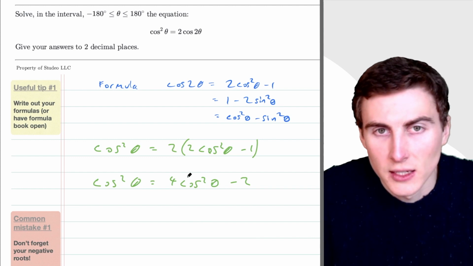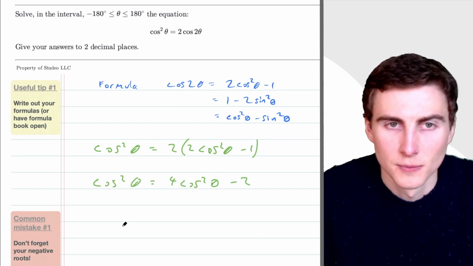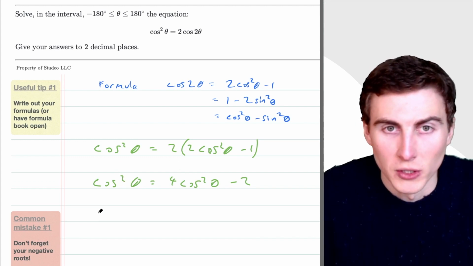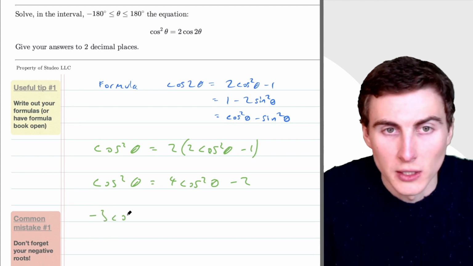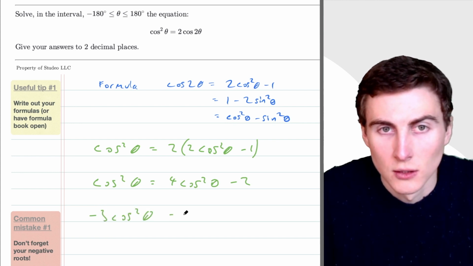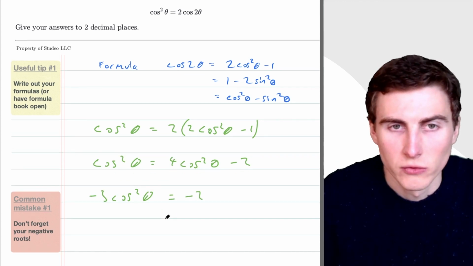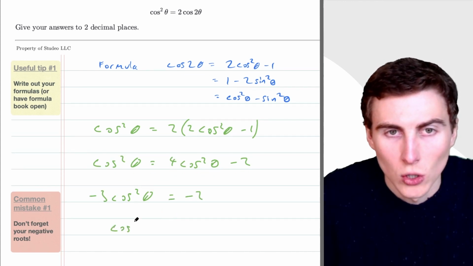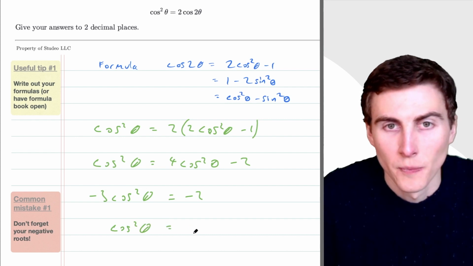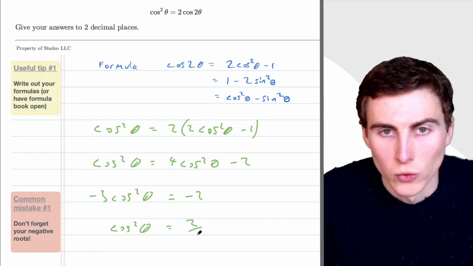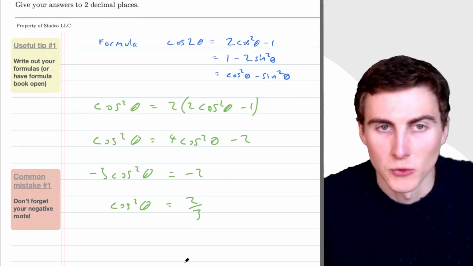Then I can take these over to the left, so we can have minus 3 cos squared theta equals minus 2, which really means that cos squared theta equals 2/3, because we can divide both sides by minus 3.